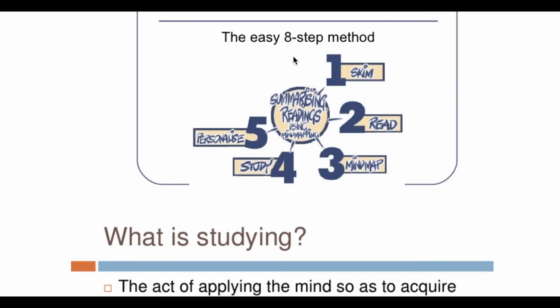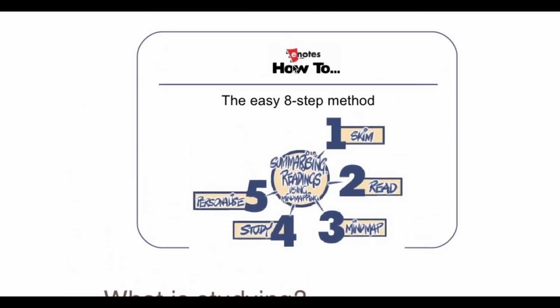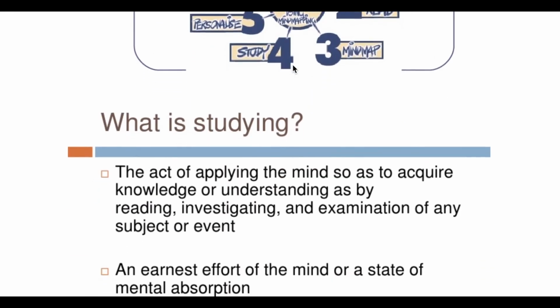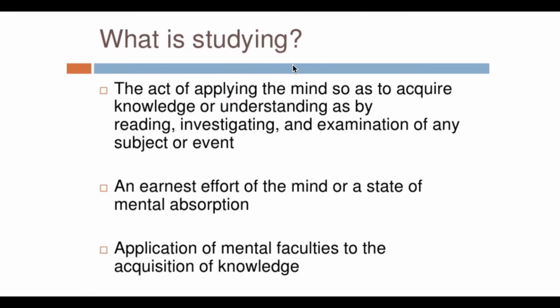The fourth one would have to be study. So you have already skimmed, you have already read, and you have created your mind map. The fourth step would have to be study. So what is studying? We all know studying is reading, but in general, it is the act of applying the mind to acquire knowledge.